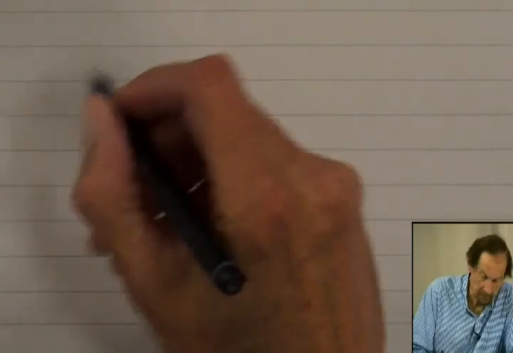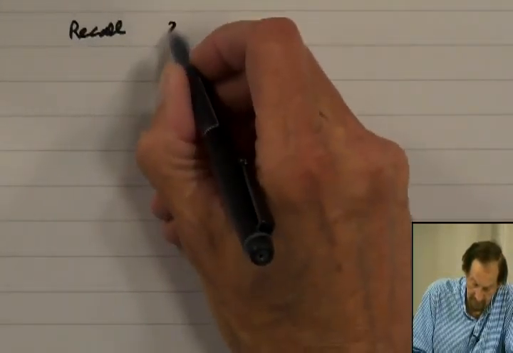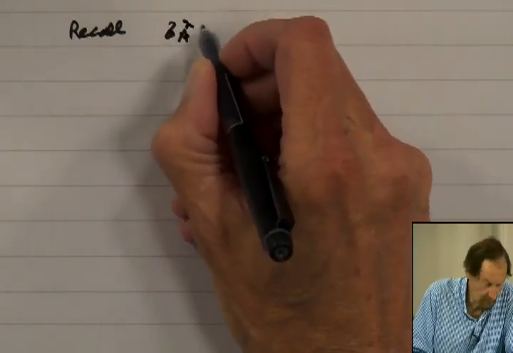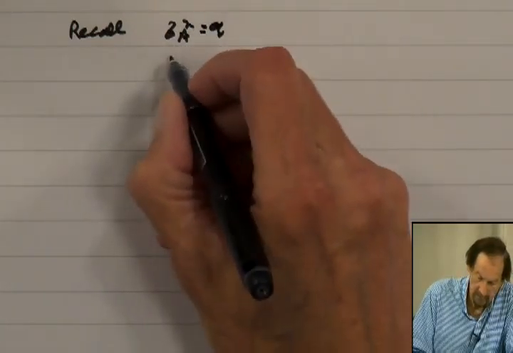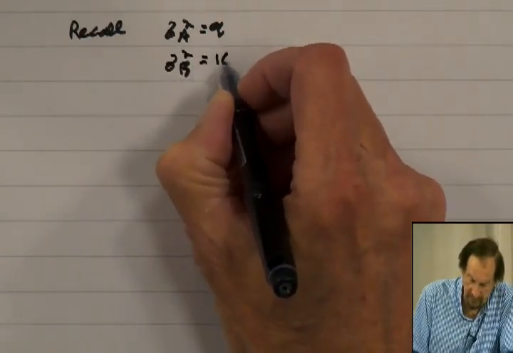And recall that we have sigma A squared equals 9, sigma B squared equals 16.